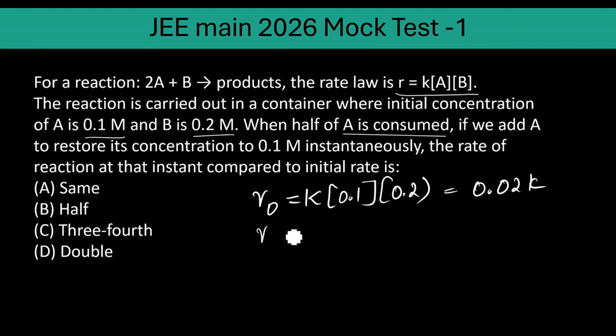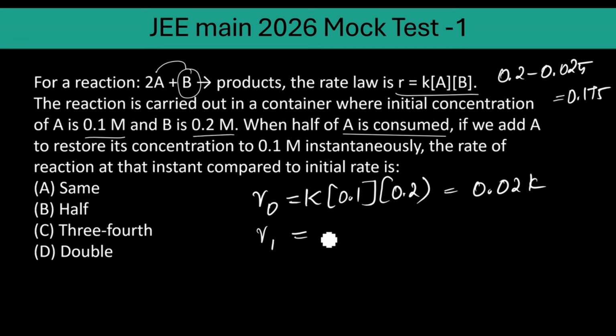So now as a second part, let me take it as R1. What about B? If half of the A is consumed, what about B? It is in 2:1 ratio. Right? So 0.025 part of B is consumed. So from 0.2 minus 0.025, which will give you 0.175.